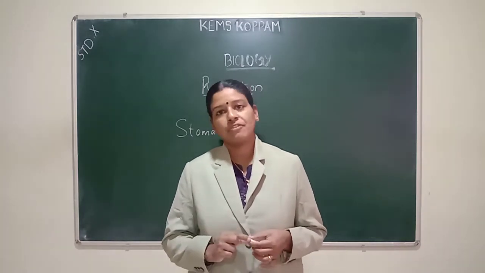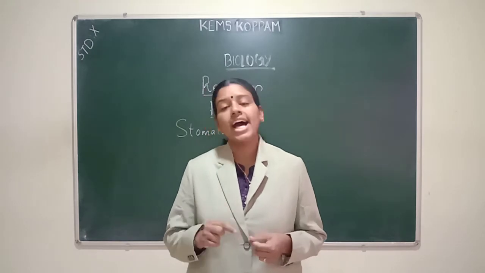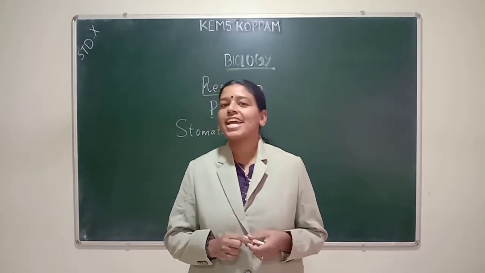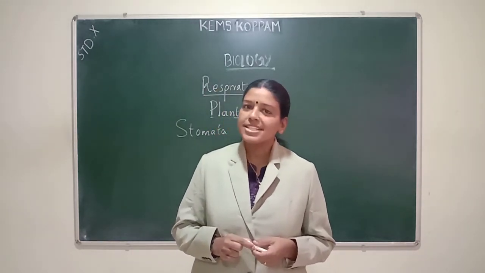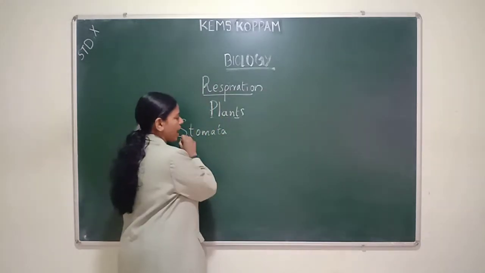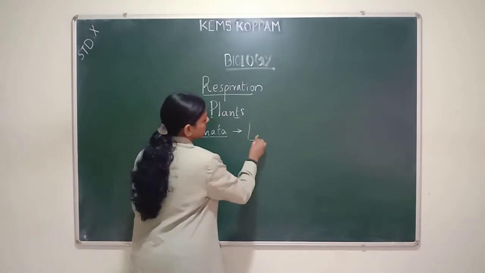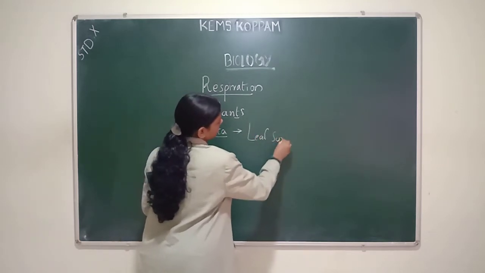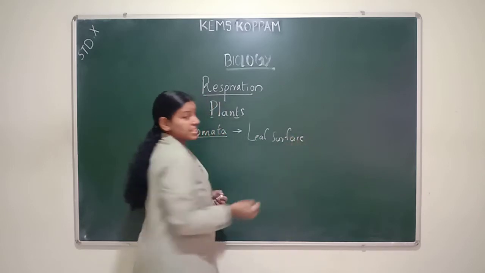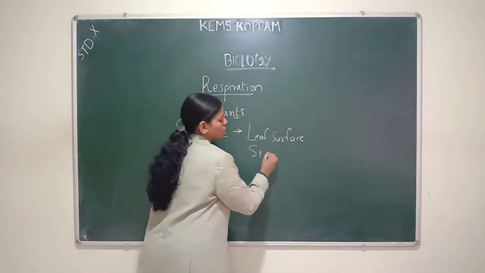We can see stomata not only on the leaf surface but also on the stem. So in the leaf, stomata, which is a respiratory organ, is present on the leaf surface, and if it is a herb or shrub, we can see it on the stem portion also.